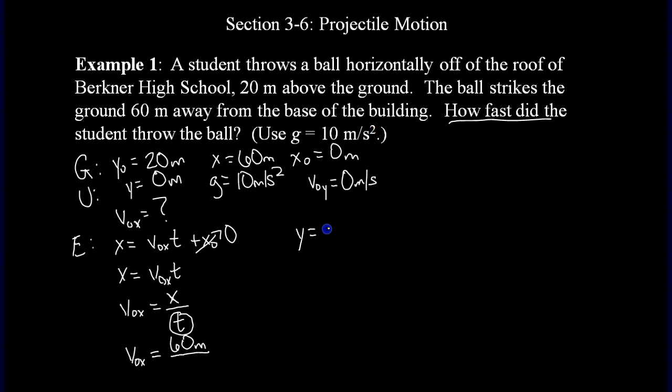Well, we're going to use this one. And then we want to solve it for time. Well, we know that the initial vertical velocity was 0.